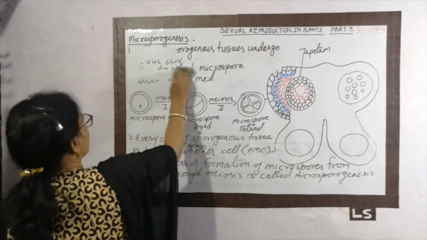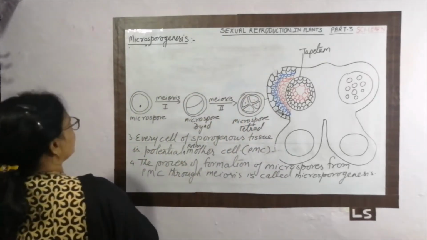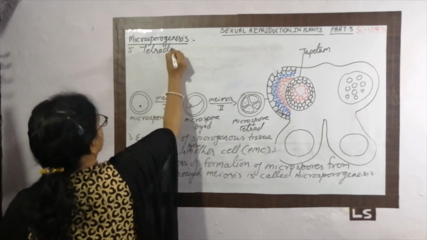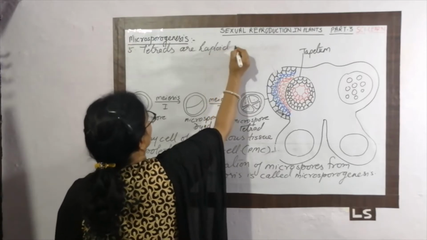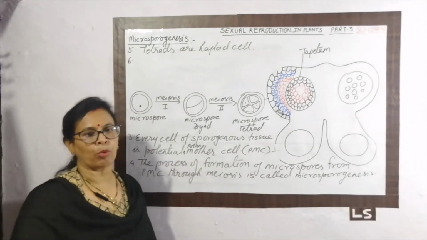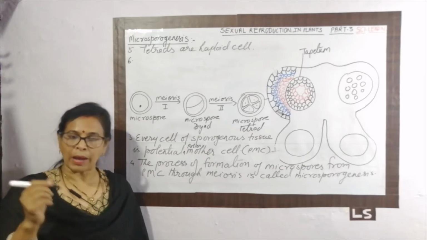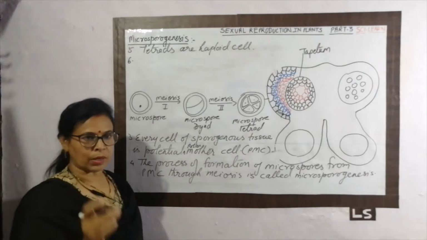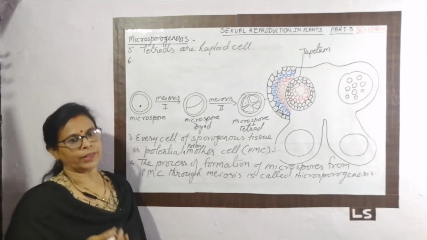Haploid means half the number of chromosomes, just half of the parent cell. This is because half of the chromosomes come from the male organ and half from the female organ, so it is haploid in nature.